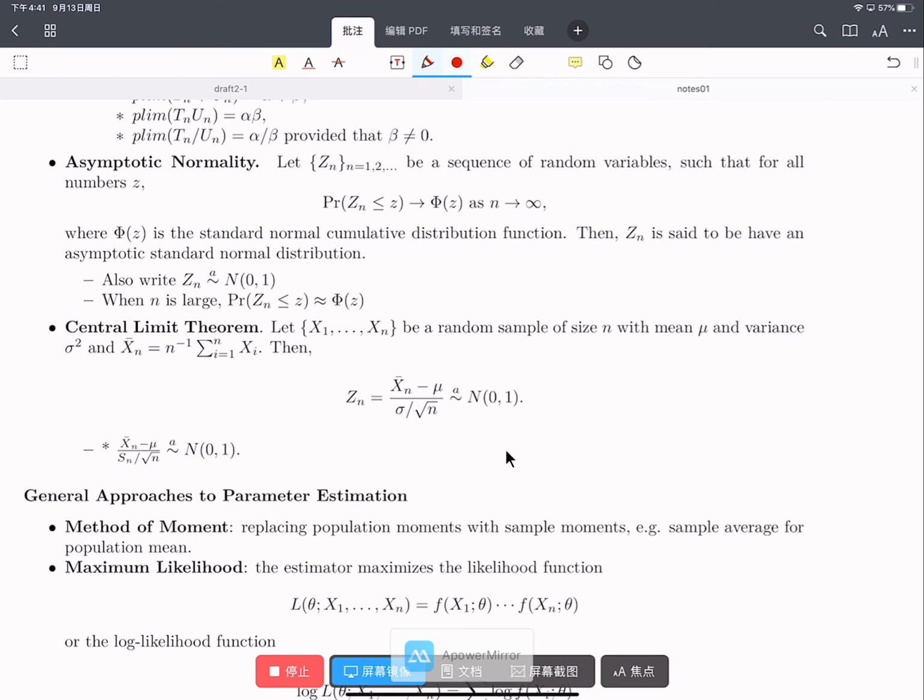This is the central limit theorem. The usefulness of the central limit theorem is that if the sample size is large enough, most of the statistics that we obtain from the random sample can be considered as normally distributed. This is very useful.